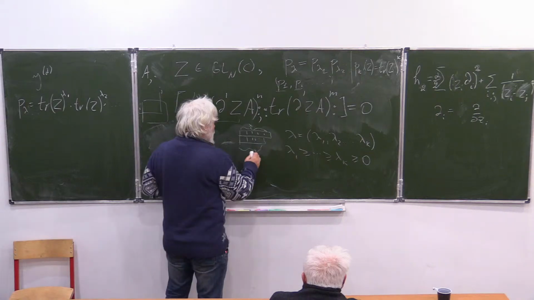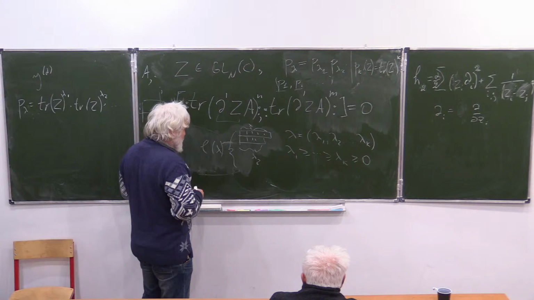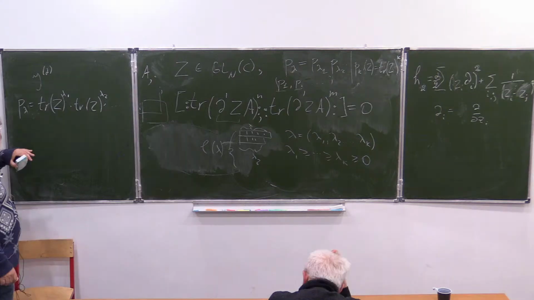This is the length of the partition, and the area of this figure, the number of nodes, is the weight of the partition. So these are polynomials which may be treated as polynomials in eigenvalues, or alternatively as polynomials in entries of these matrices.